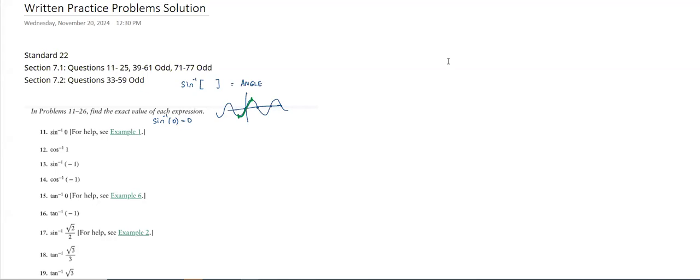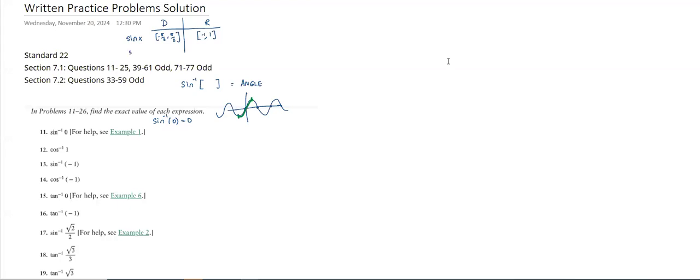Here I'm going to write this down so that you have this with you. What I want you to look at is the domain and the range. For the inverse of sine, the output is going to be between negative pi over 2 and positive pi over 2, and the input is negative 1 to 1.